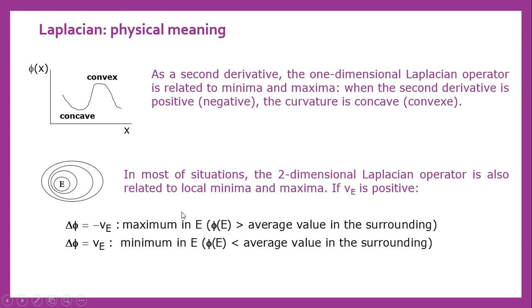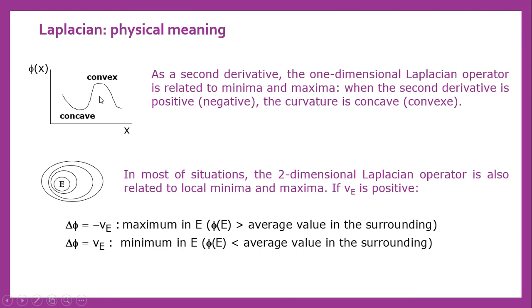What does the Laplacian physically mean? Because it is a second derivative, the Laplace equation is a second derivative equation. The one dimensional Laplacian operator is related to whether a point is a minimum or maximum. If the second derivative is positive, the curvature is concave.